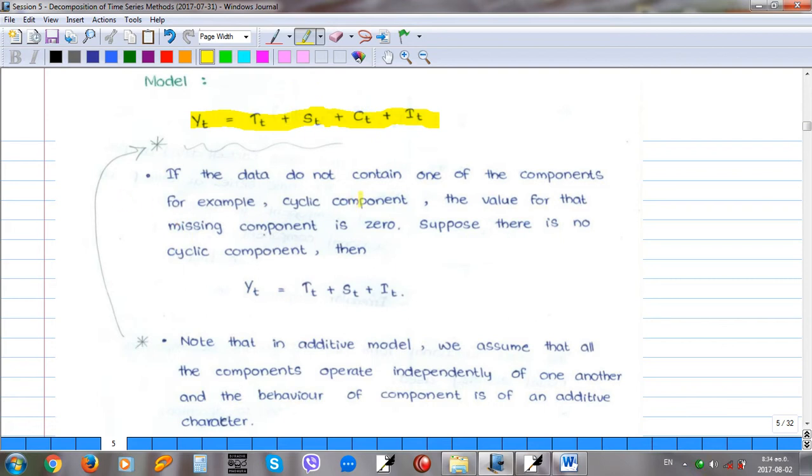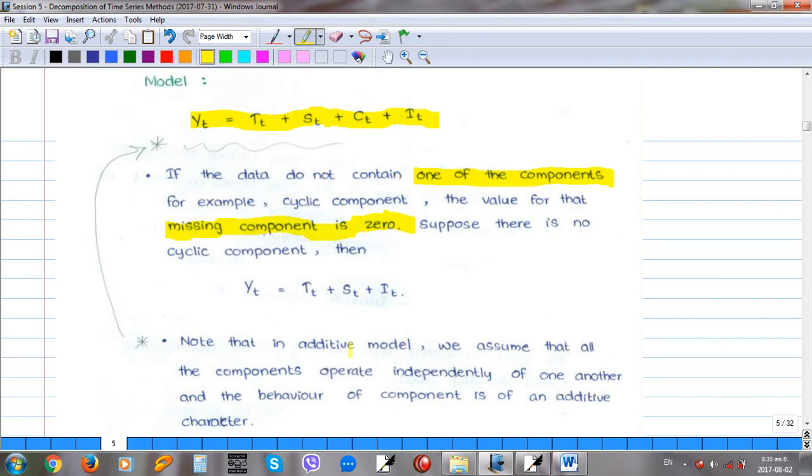If the data do not contain one component, for example the cyclic component, the value of that missing component is 0. So if it is missing, then we take the value of this missing component as 0. Suppose that there is no cyclic component, then the formula changes: C is equal to 0, and it becomes Yt equals Tt plus St plus It.